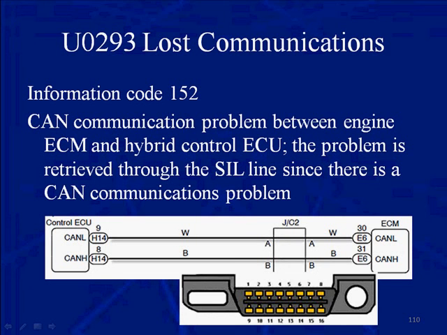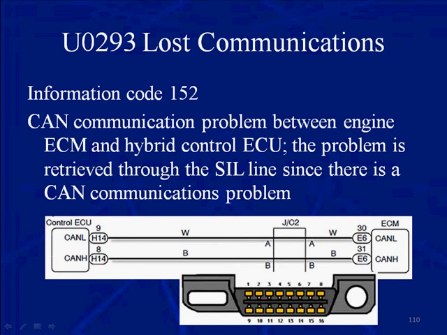So if you had the information code, if your scan tool will pull up information codes, you have the same code, U0293, lost communications, and then you have the information code of 152. And that offers a lot more information. CAN communication problem between the engine ECM and the hybrid control ECU.